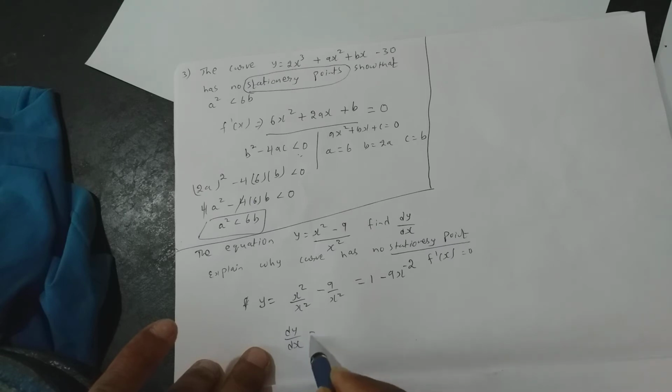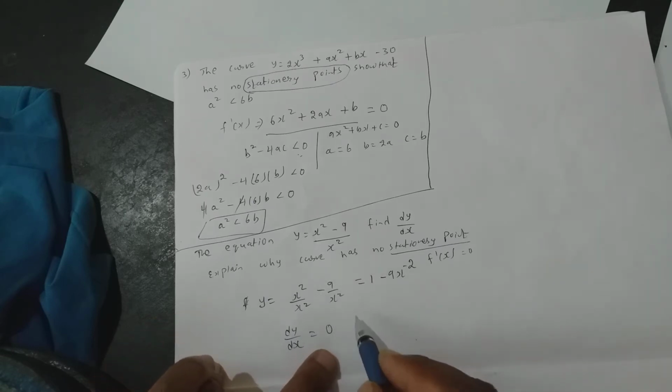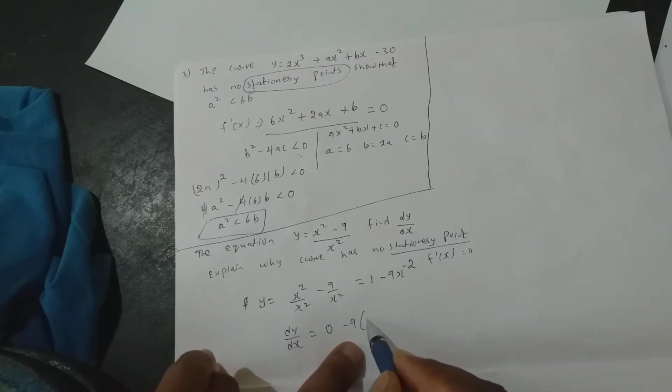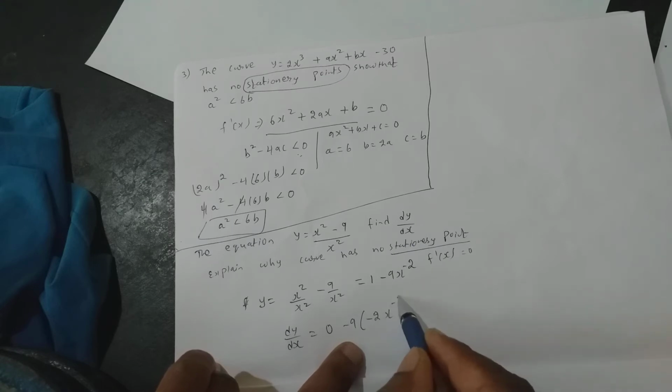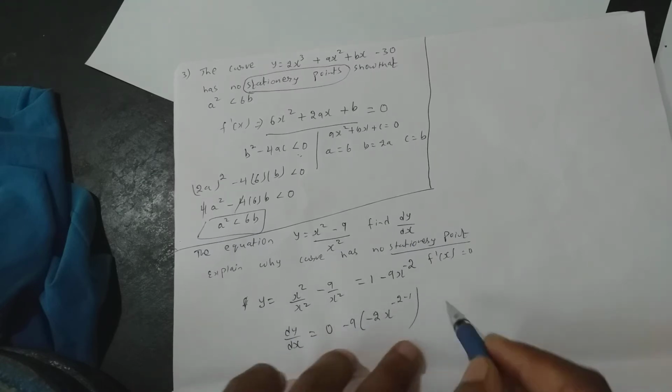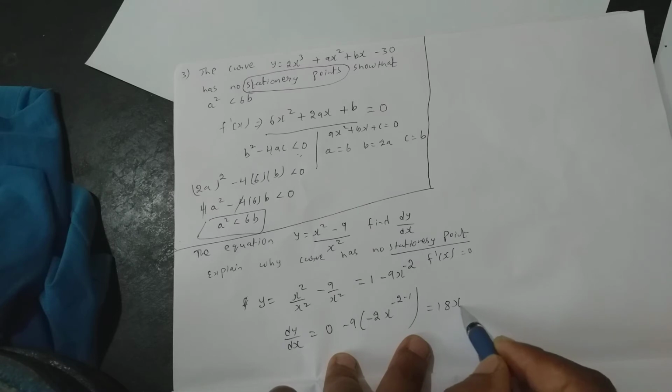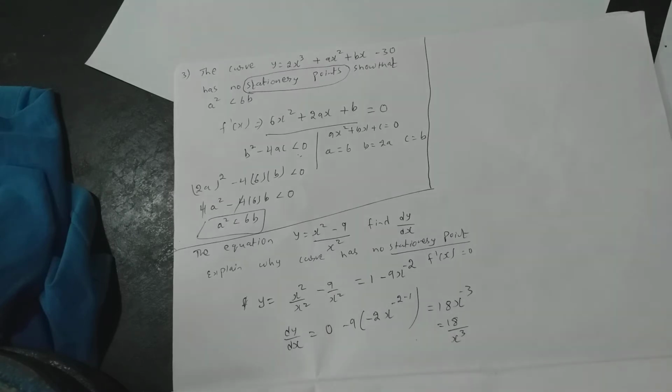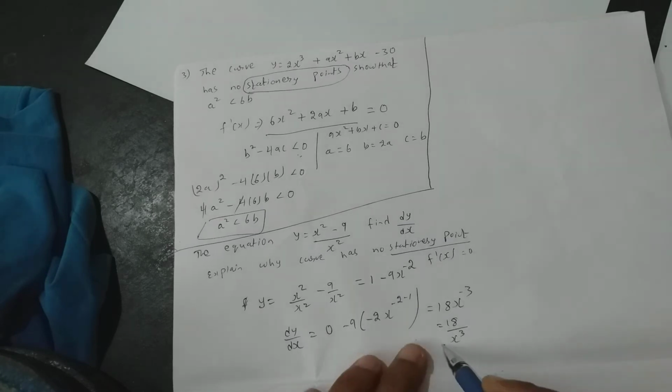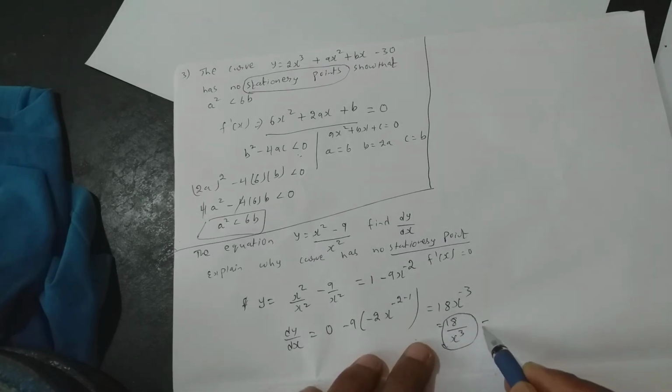How much will I get? For 1 it is 0. Here it is minus 9 into minus 2 into x power minus 2 minus 1, which will become 18 into x power minus 3, which is 18 by x power 3. This can never be equal to 0. That's why it doesn't have any stationary point.